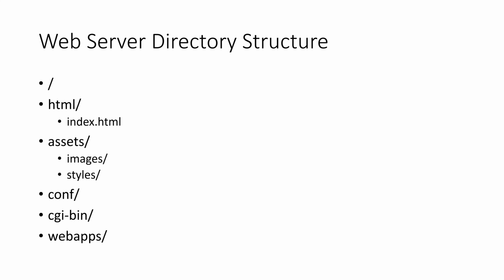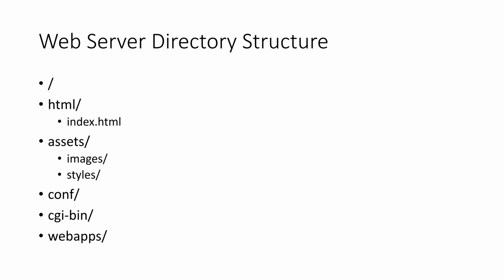Then we have the assets folder, which typically contains subfolders like images and styles, used for storing images, CSS files, and other design elements. The conf directory holds configuration files that control how the server behaves, like the ports to listen on or how to handle errors. The CGI bin folder is where CGI scripts, executable programs, used to be stored.